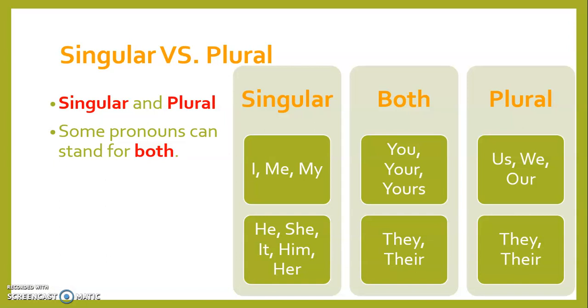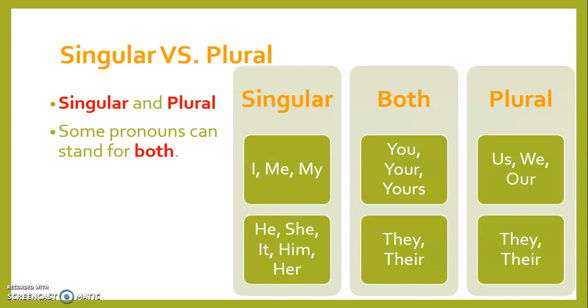I put our first and second person pronouns in the top row of green boxes, and I put our third person pronouns in the bottom row of green boxes. If we start out under the singular column, you'll see we have I, me, my, which are our first person pronouns that represent just one person. And then we have he, she, it, him, and her underneath that, which are our third person pronouns that just represent one person or thing.